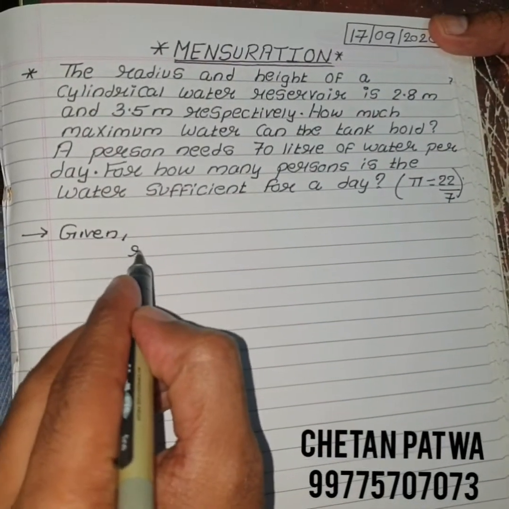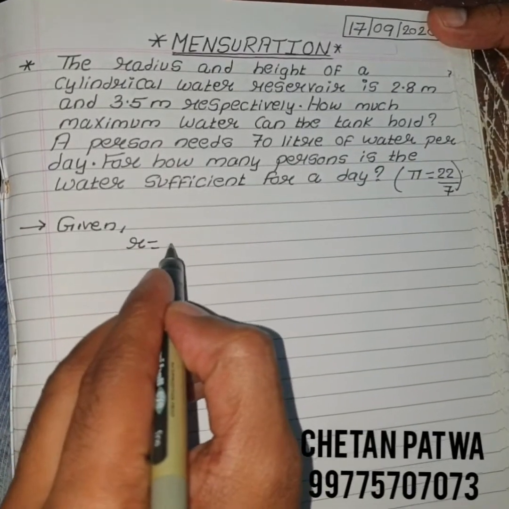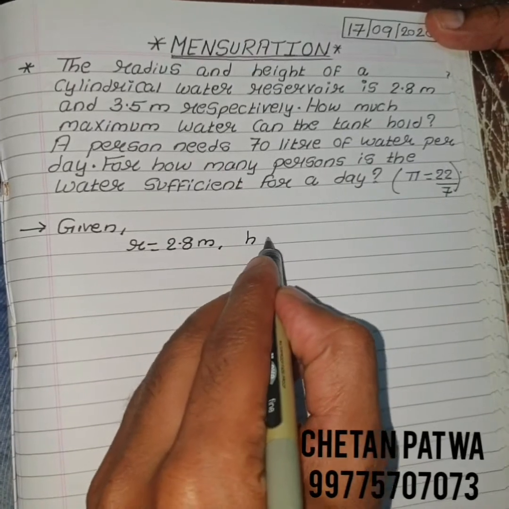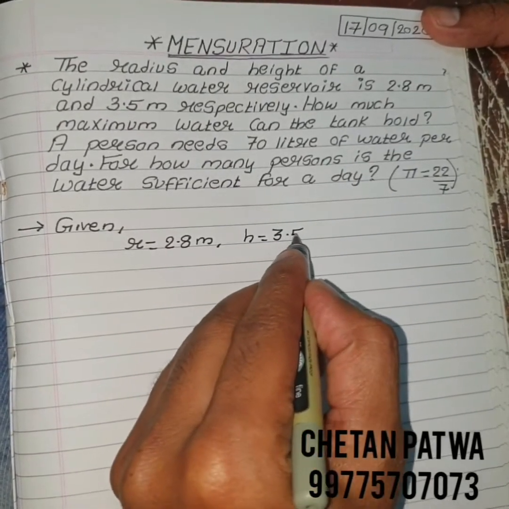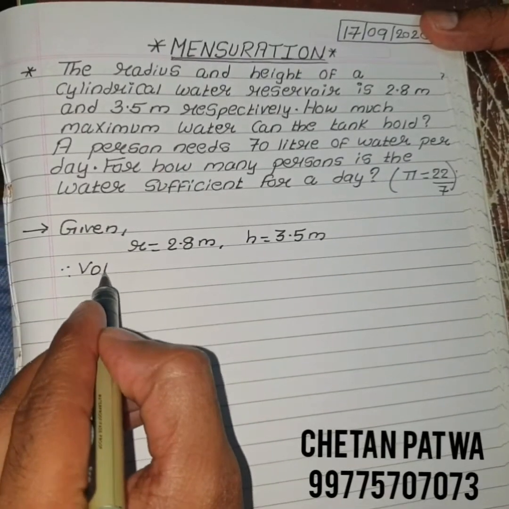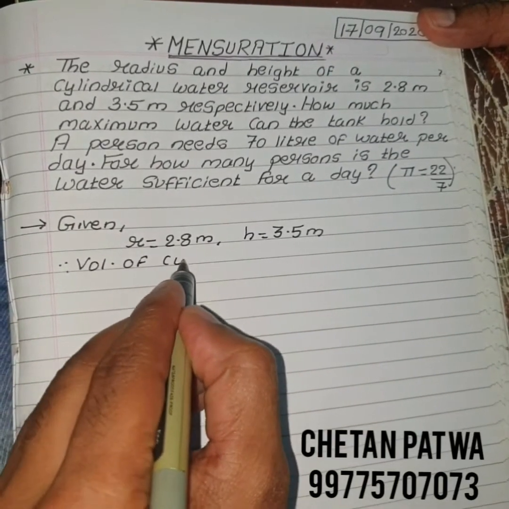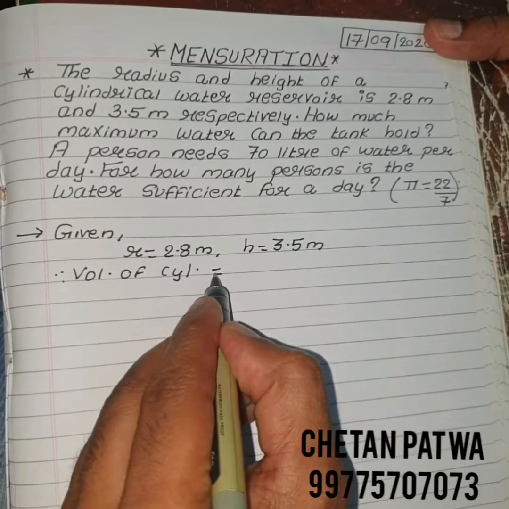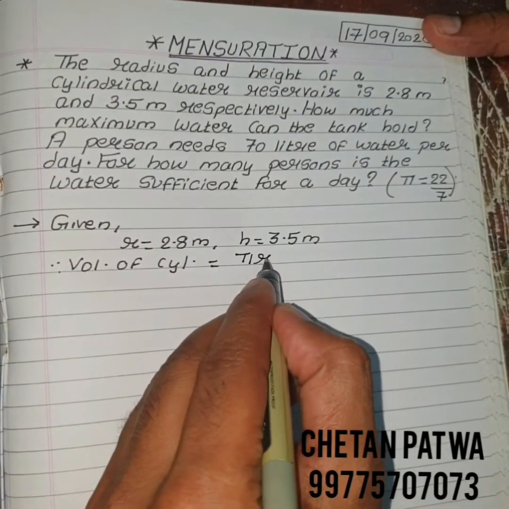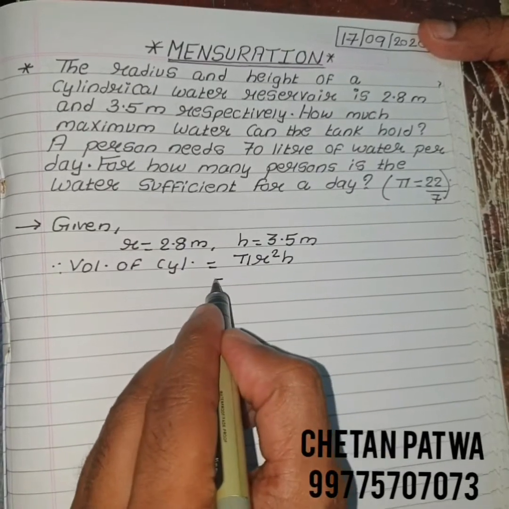what is given to us? Radius is equal to 2.8 meters. H is equal to, that is height, 3.5 meters. Therefore, volume of cylinder is equal to, we know the formula for volume of cylinder, pi r square h.